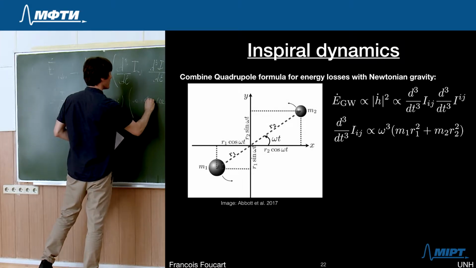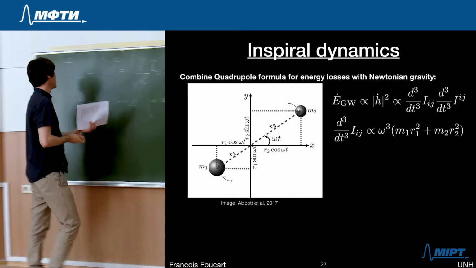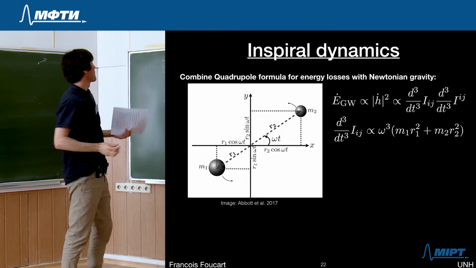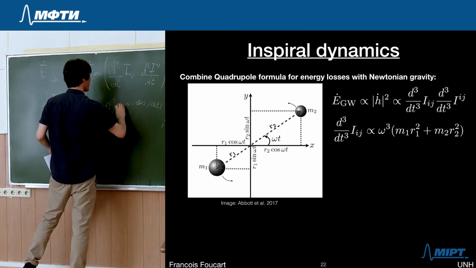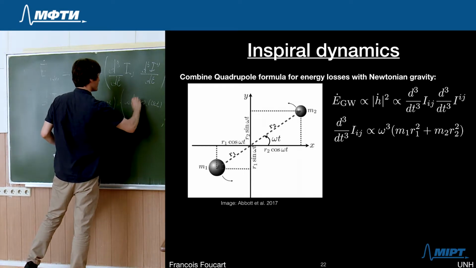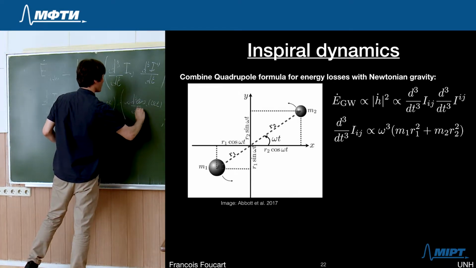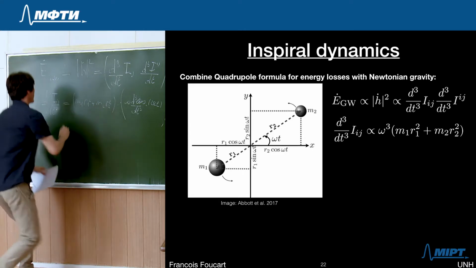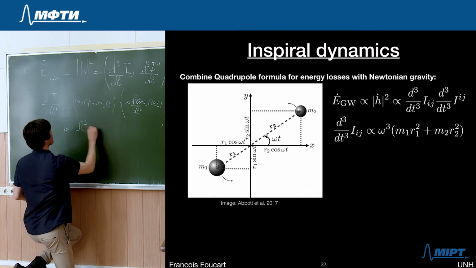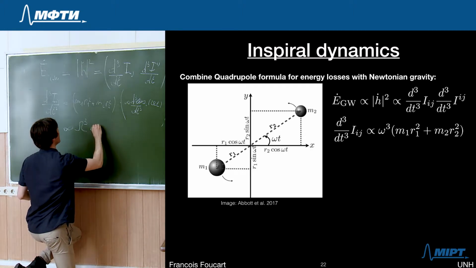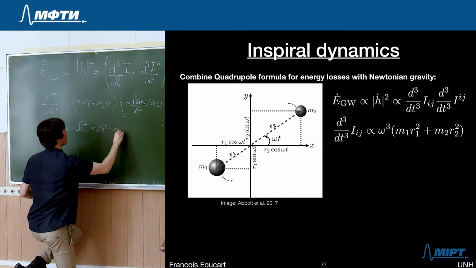Let's say cos for here. Doesn't really matter at this point. So the third time derivative of this, you are going to have something which is proportional to the frequency of the system to the third power times the quadrupole of the binary.